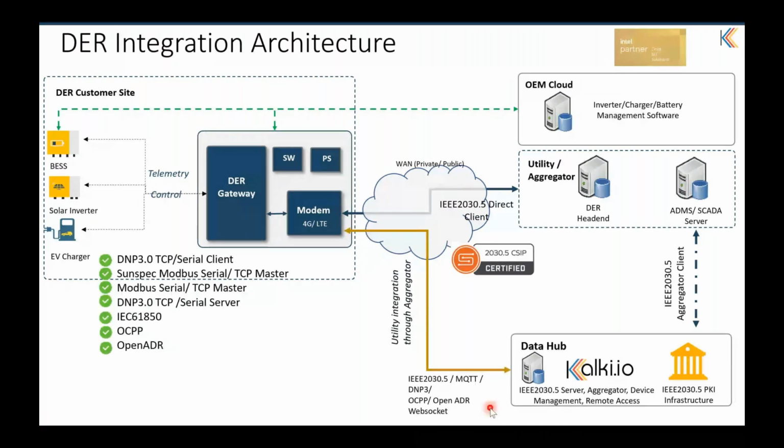It can be used to update the firmware and security patches of these devices remotely in bulk quantities. Or it can also provide remote access to this equipment to do troubleshooting or diagnostics of the field equipment directly from the cloud. So that's the secondary function provided by the data hub in addition to the DR aggregation functionality.